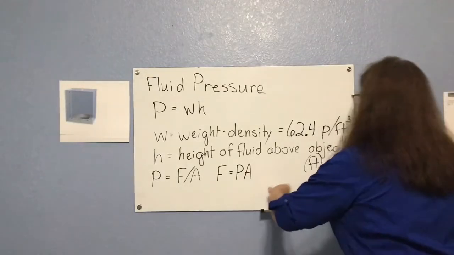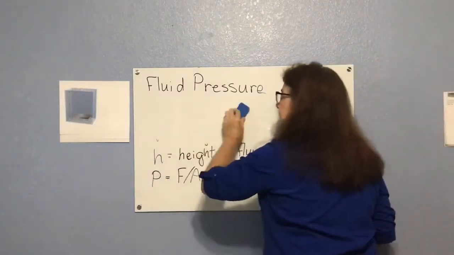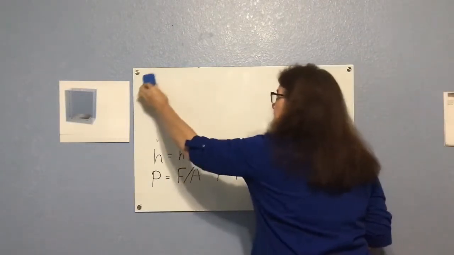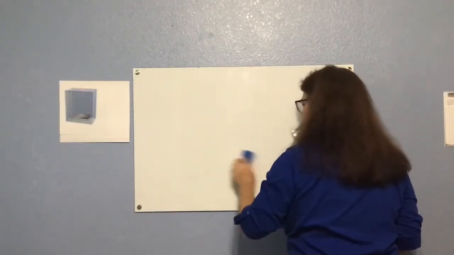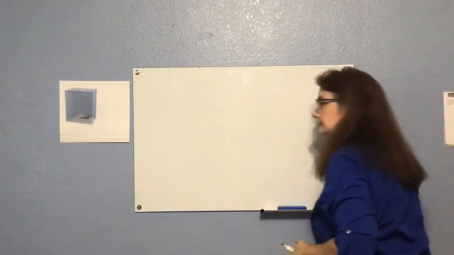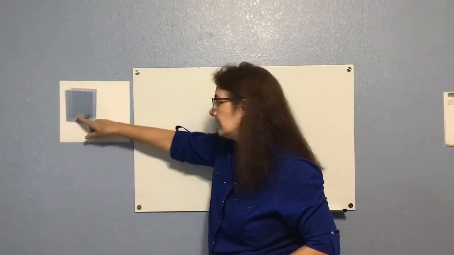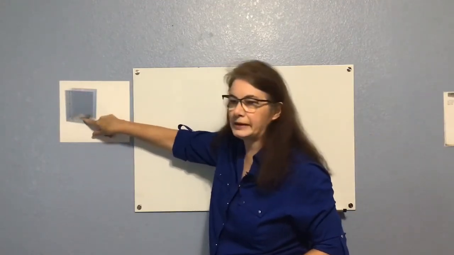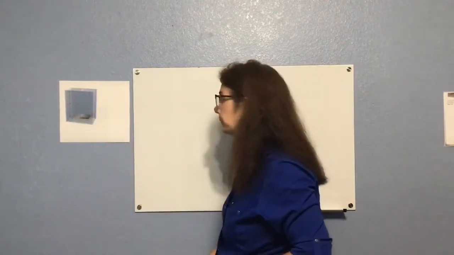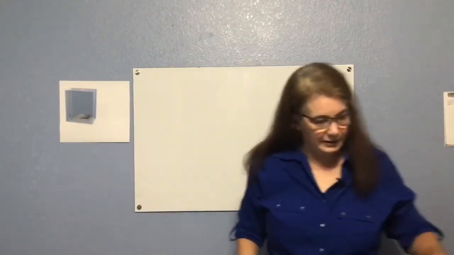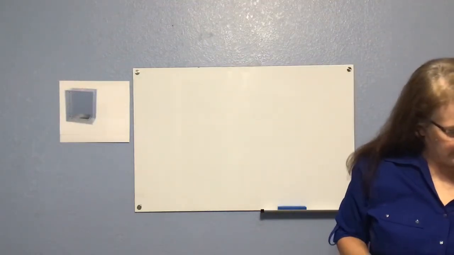Okay, let's look at an example. In our first example, we've got a tank of water here, and there's a flat rectangular plate submerged 6 feet into the tank of water. And we want to find the force on that submerged sheet.